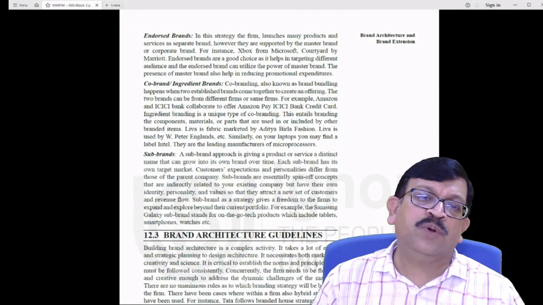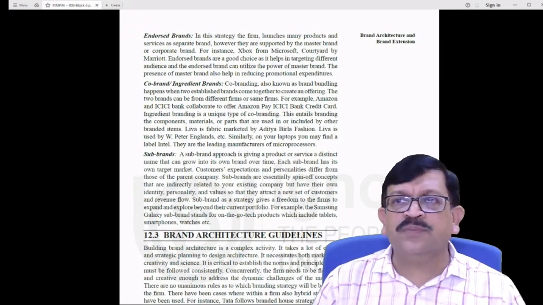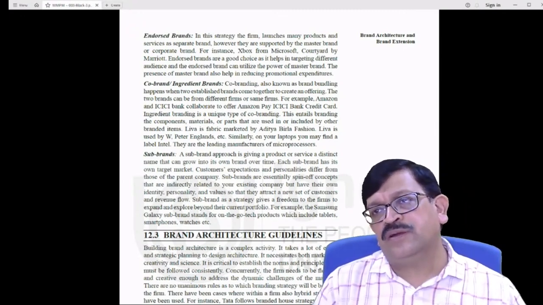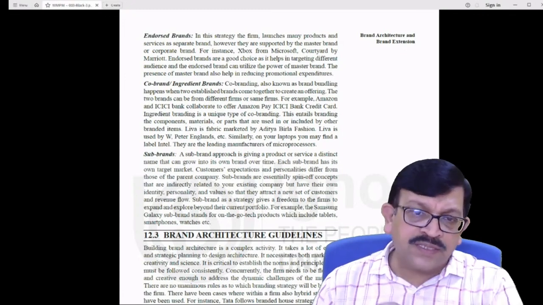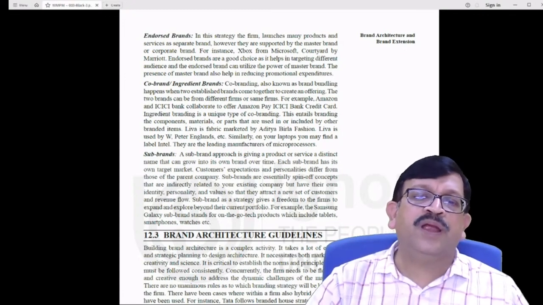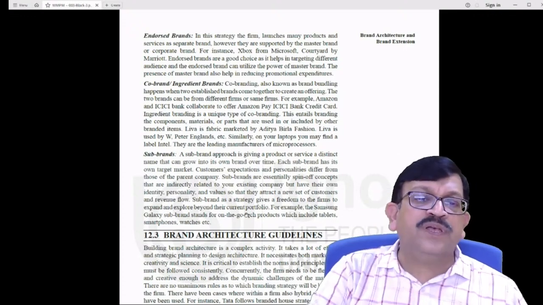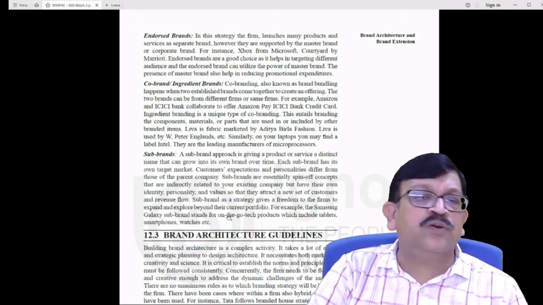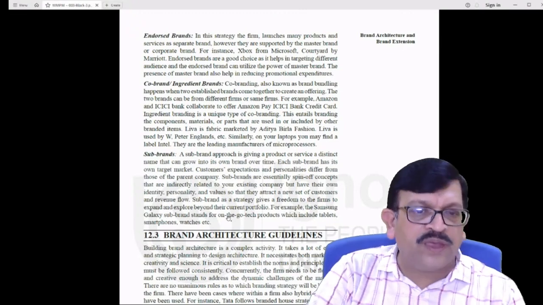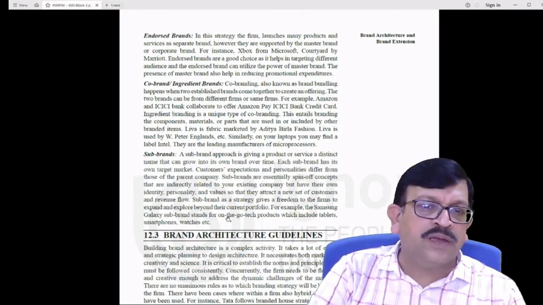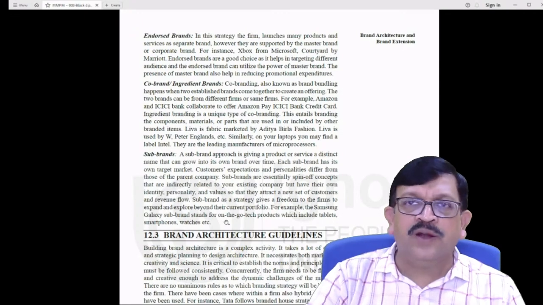Just like I was talking about Lexus. Lexus is not a sub-brand, but an independent brand. In this case, a sub-brand can become an independent brand on its own and move down the lane. So tomorrow, Galaxy can stand on its own feet, given the way it grows in terms of customer adoption.